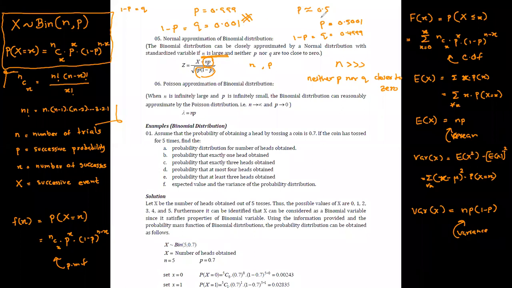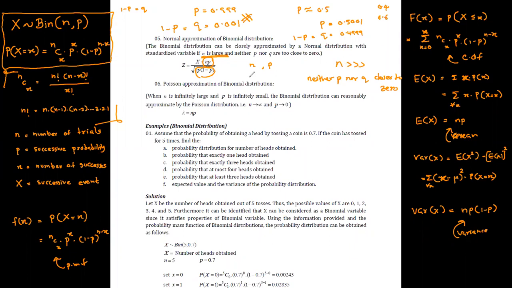Therefore, we can have a moderate value such as 0.5. If one value is 0.4, the next would be 0.6. Therefore, none of these values are closer to 0. In such situations, we can apply the normal approximation of the binomial distribution.